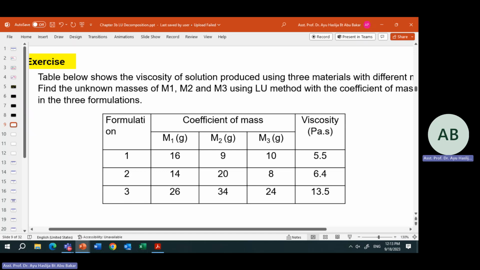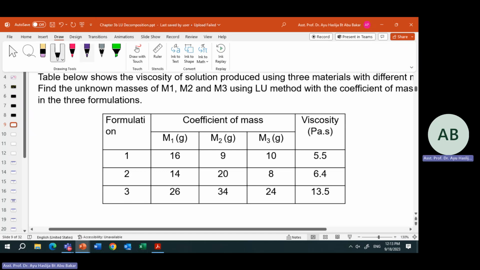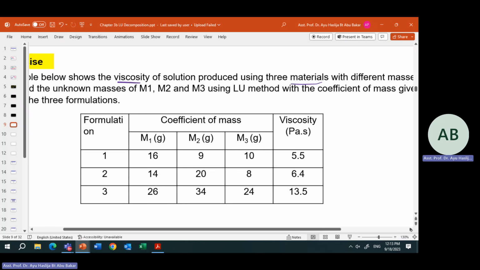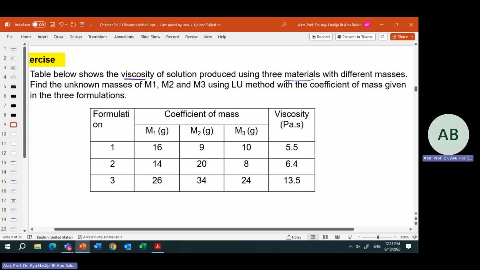Okay, the table shows the viscosity of solutions produced using three materials with different masses. M here is the mass, and here is the viscosity.